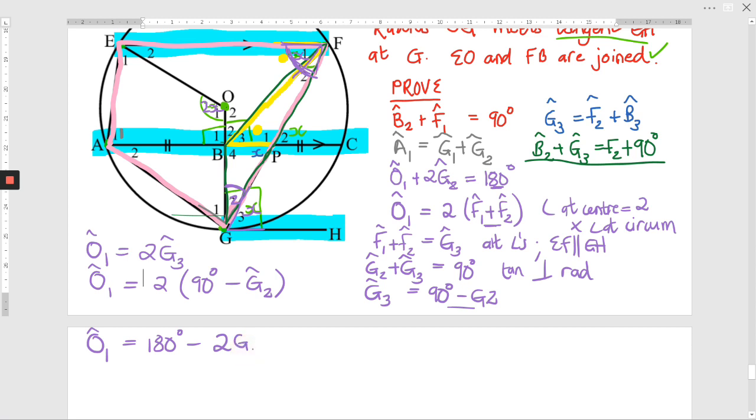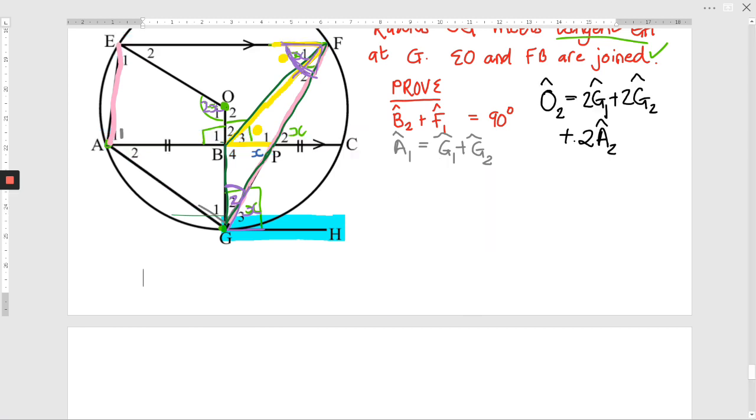Well, I'm actually there. So I want O1 plus 2G2 equals 180, this thing here. I've got it. So now I've got O1. That one now, if I just move the 2G2 across, I've got it. It's that together equal 180. So again, just a hell of a lot of replacement.